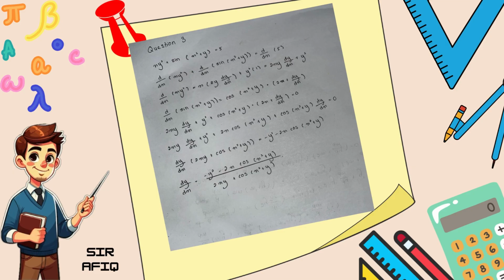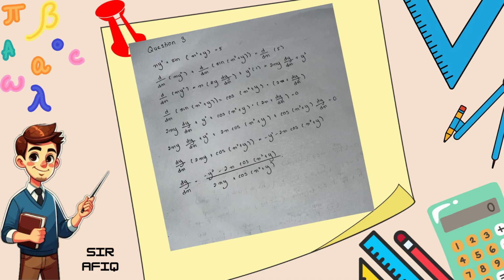For question 3, we are given the equation xy to the power of 2 plus sin(x to the power of 2 plus y) equals 5. First, we differentiate both sides of the equation with respect to x. For the term xy squared, we apply the product rule, which gives us y squared plus 2xy dy/dx.